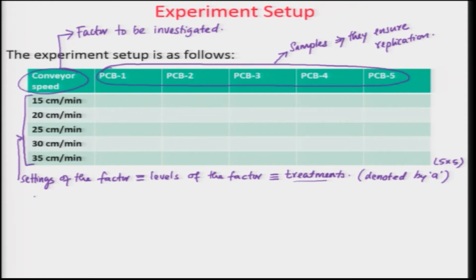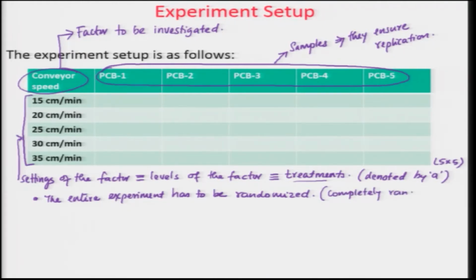So, number 1, the entire experiment has to be randomized. Because, as I said earlier, complex experiments have to be completely randomized. We can say completely randomized. So, what do we do? We take each one of them and assign a number.